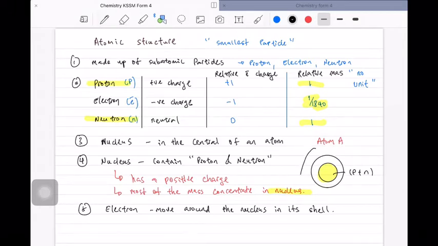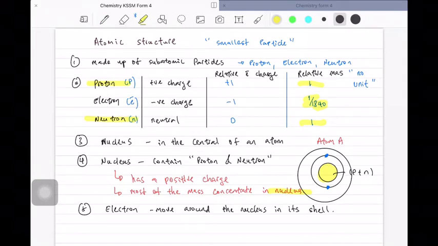there's one shell, a second shell. For example, sorry, the drawing is a bit out of shape. Just for an example, we have electron here, electron. Okay, as you can see, electron moves around the nucleus in its own shell. This is their shell.